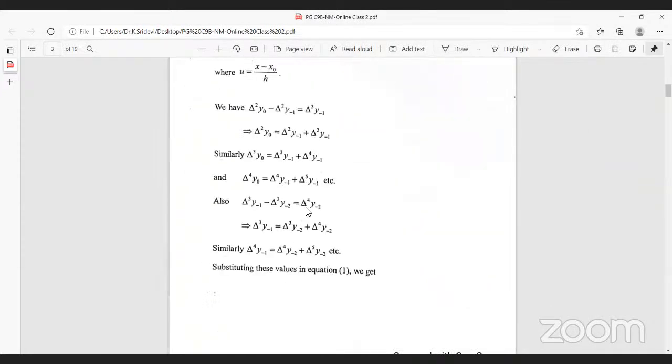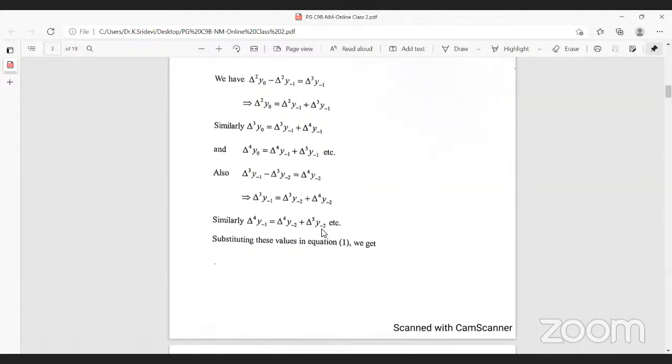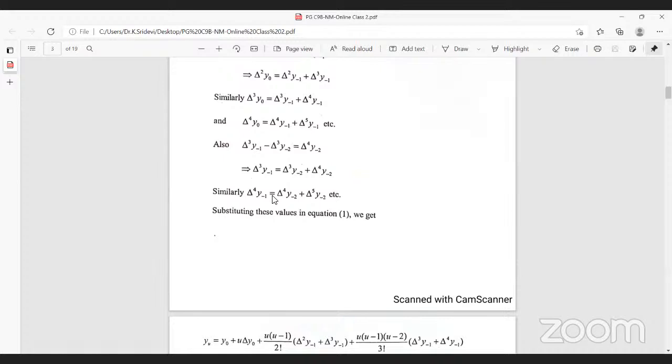From this expression, we have delta cube y minus 1 is equal to delta cube y minus 2 plus delta to the power 4 y minus 2. Similarly, for the next order, delta power 4 y minus 1 is equal to delta to the power 4 y minus 2 plus delta to the power 5 y minus 2.